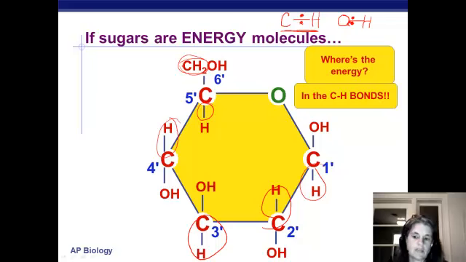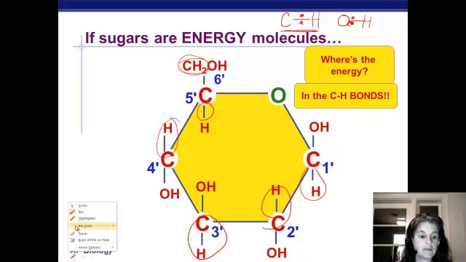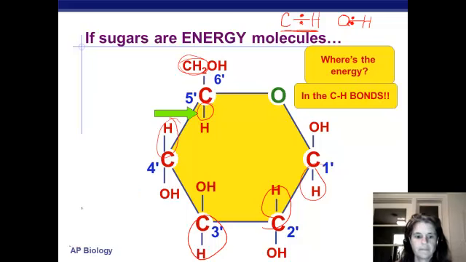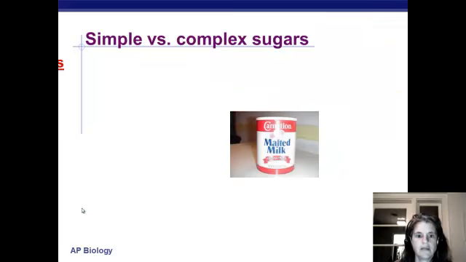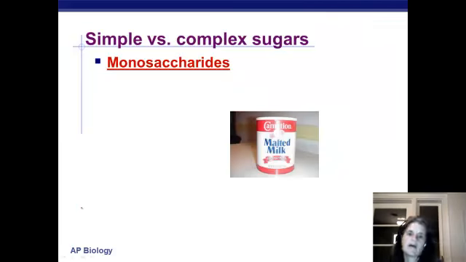You just can't see them drawn separately. So there's a lot of energy to be had if your body is able to break those bonds. And fortunately, our bodies, and the bodies of almost all living things, are designed to break those bonds really well. So we'll talk about that some more. There's all your carbon-hydrogen bonds.